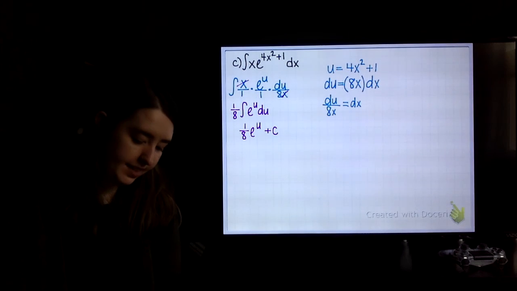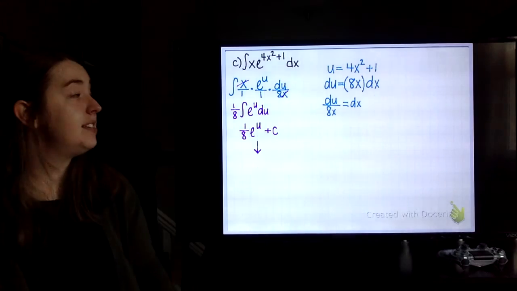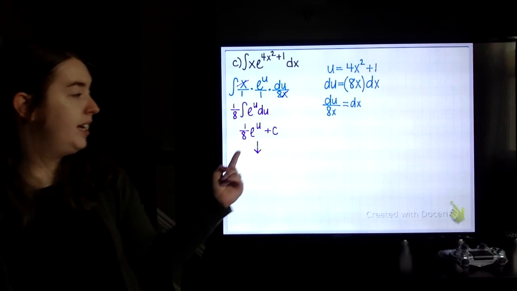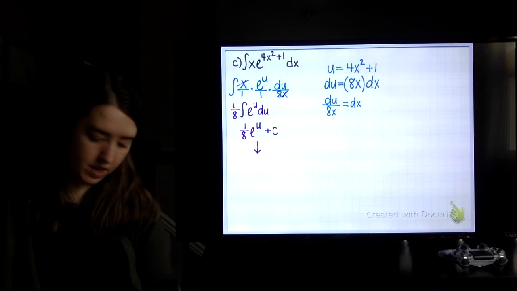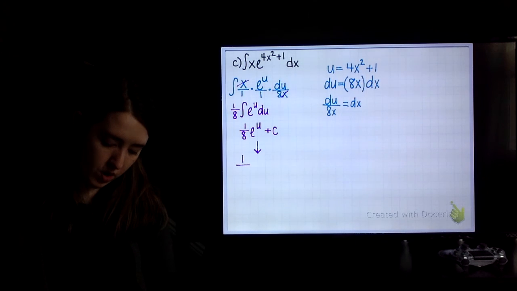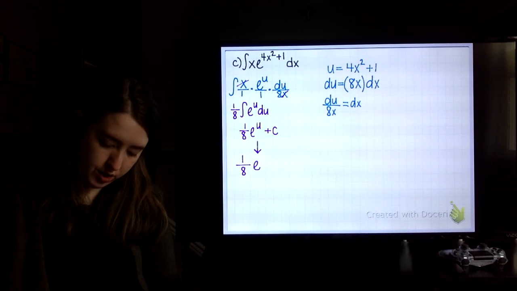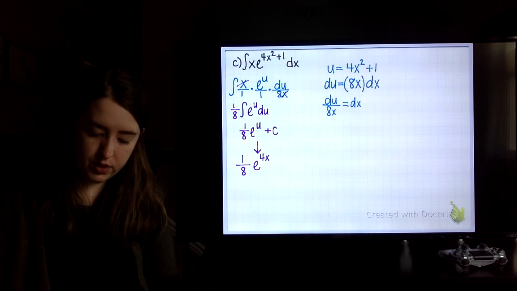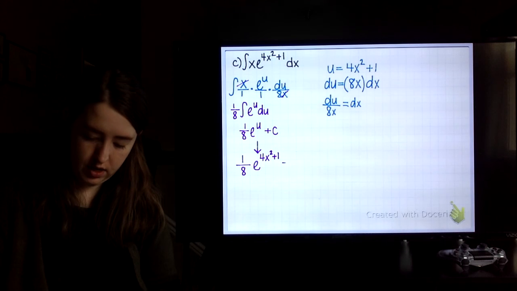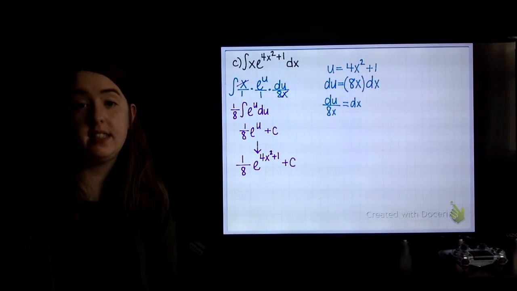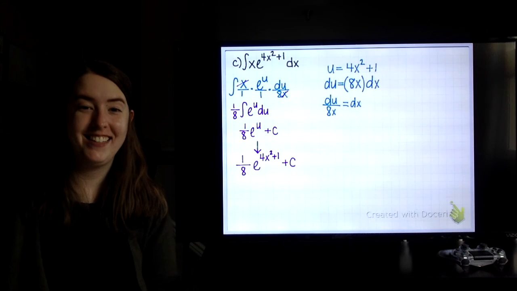So to complete this problem, all we have to do is take what u was equal to and replace it back in. So now we have 1/8 e to the 4x squared plus 1 power, and then plus c there at the end.